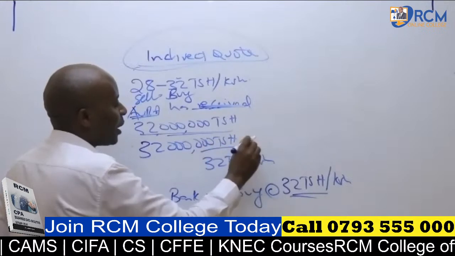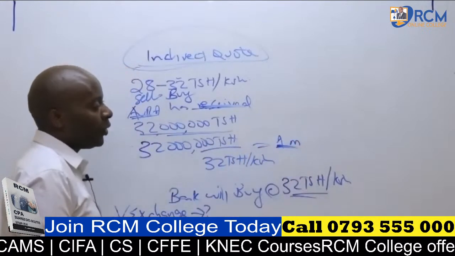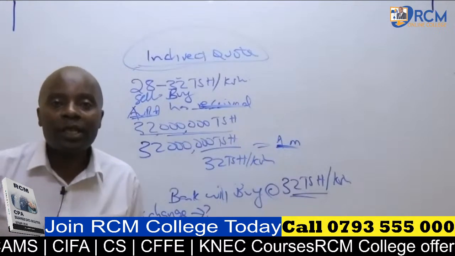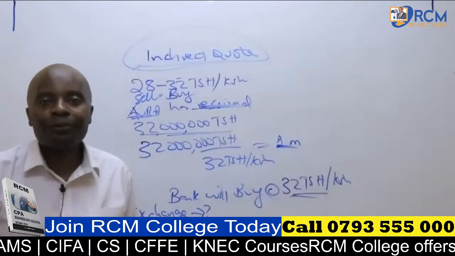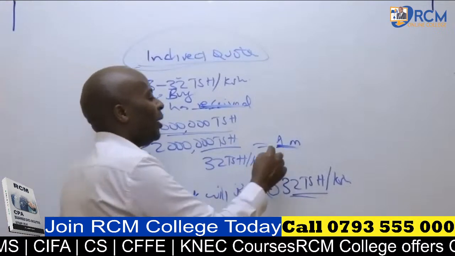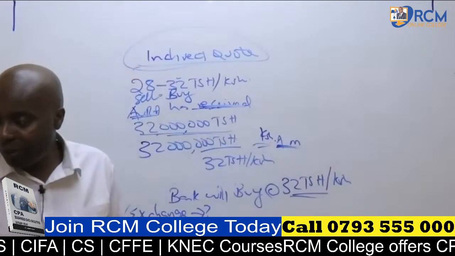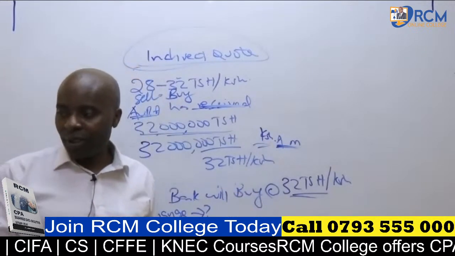So this and this cancel out, giving us 1 million. Most of us indeed wrote 1 million, but 1 million what? Cows, dogs, Kenya shillings. 1 million Kenya shillings. I hope I've been able to answer your question.